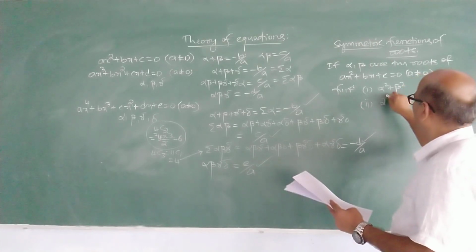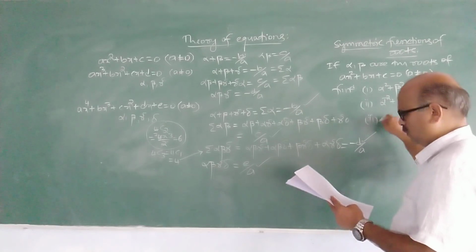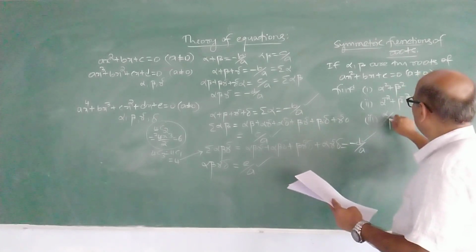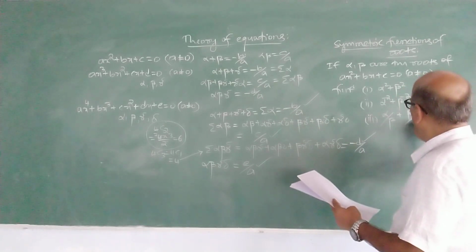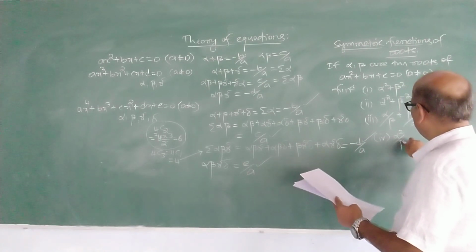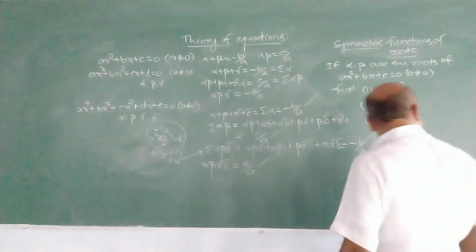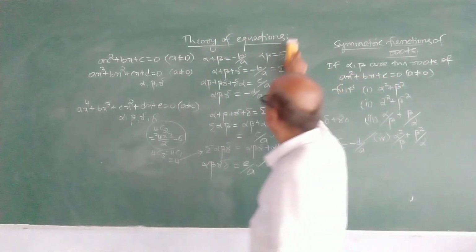Second, alpha raised to minus 2 plus beta raised to minus 2. Third, alpha by beta plus beta by alpha. Fourth, alpha square by beta plus beta square by alpha. All these are called symmetric functions of roots.